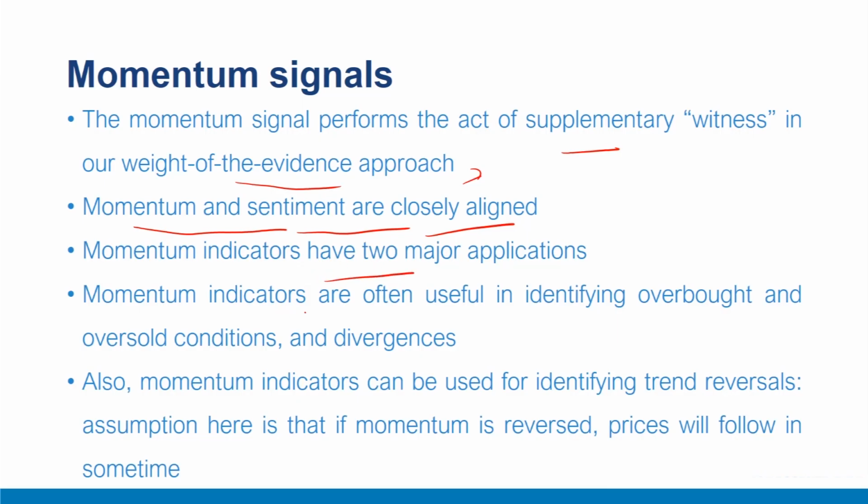First, momentum indicators are often useful in identifying overbought and oversold conditions and price divergences. Also, momentum indicators can be used for identifying trend reversals. The assumption here is that if momentum is reversed, then prices will follow in some time.